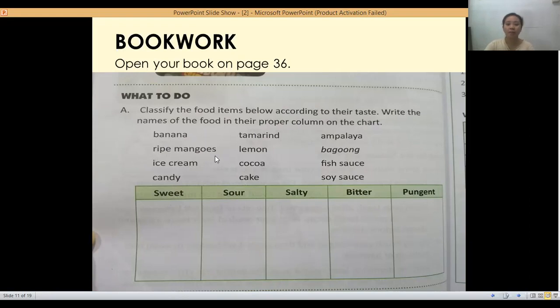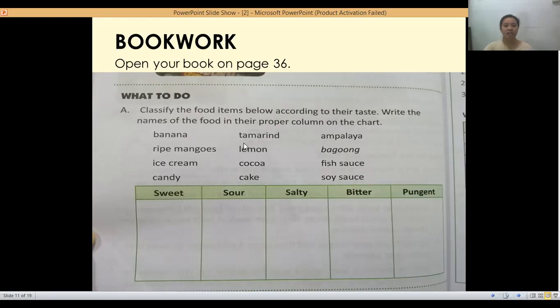Next, ripe mangoes. Sweet, sour, salty, bitter, pungent. Next, ice cream. It belongs where? Sweet, sour, salty, bitter, or pungent.